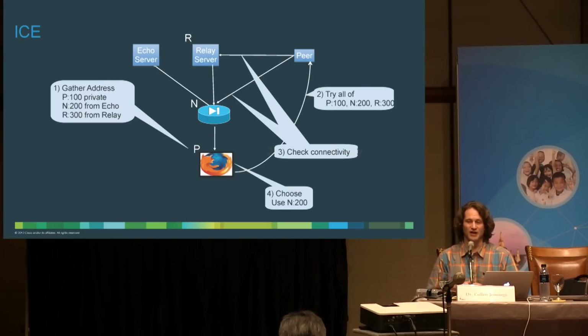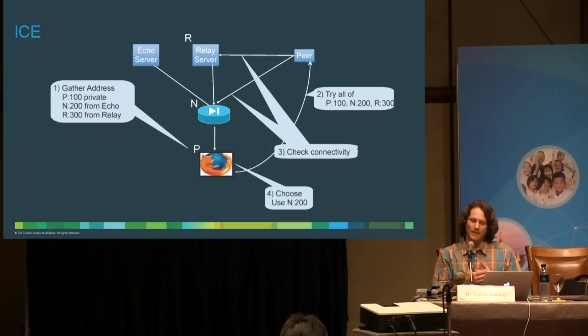Then there's a class of addresses that are on the public side of the NAT. These addresses can be discovered, and I'll talk about how we discover them in a second, and they'll often work.